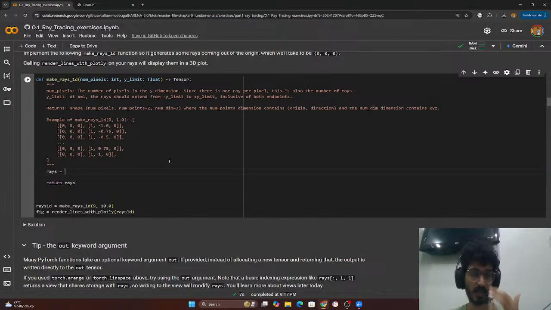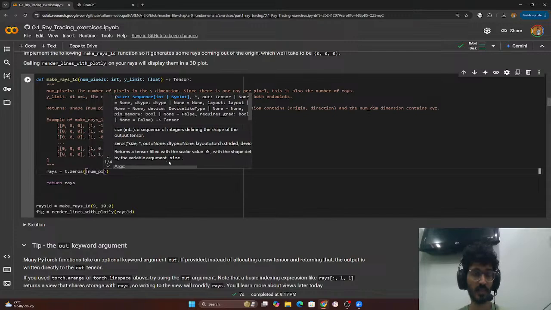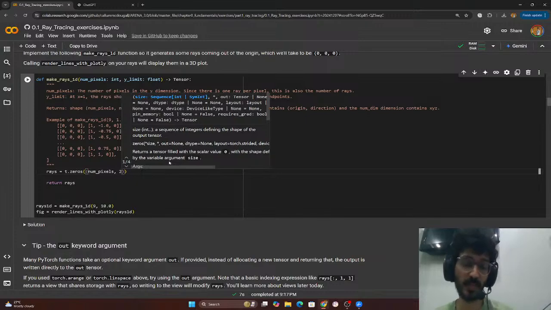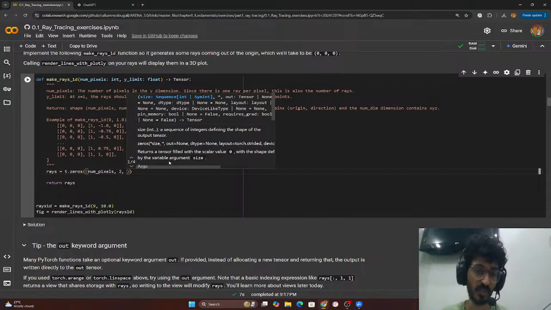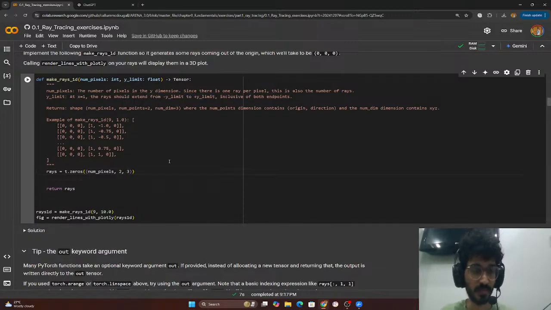We can start off with all zeros, and the shape should be the number of pixels, and per pixel we have 2 points, the origin and the direction, and each point is made of 3 coordinates, x, y, and z.